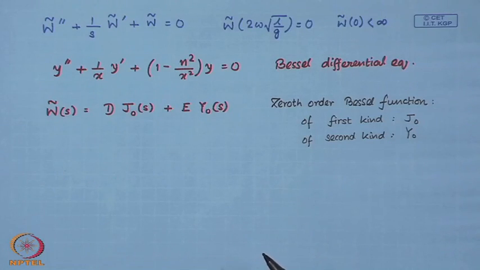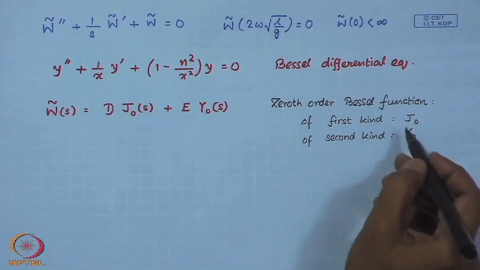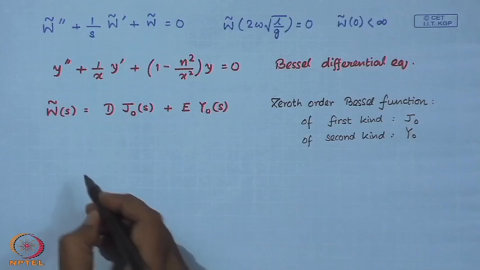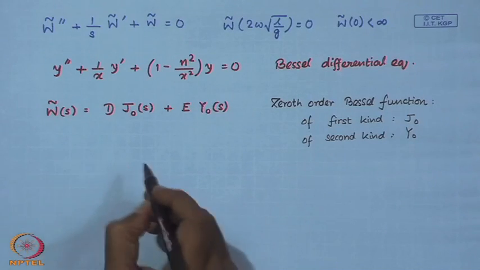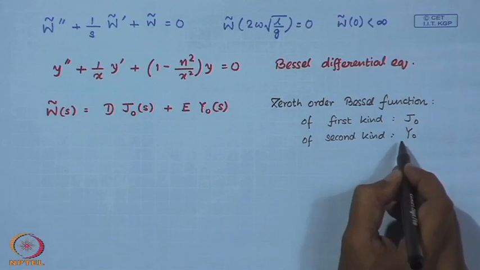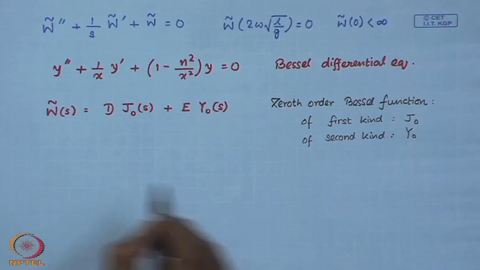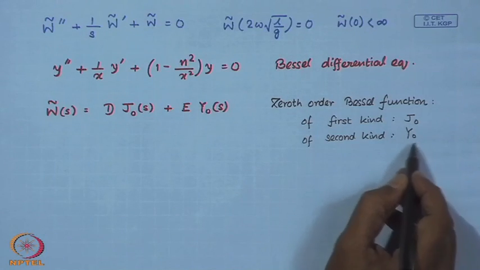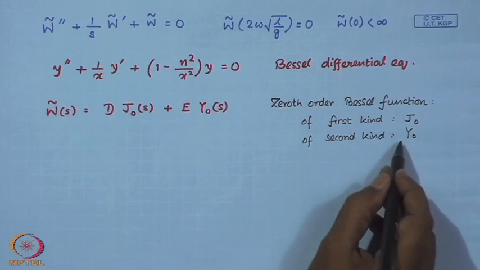Now, if you look at these Bessel functions of 0th order, then you will find that the second kind has a logarithmic singularity at s equal to 0.